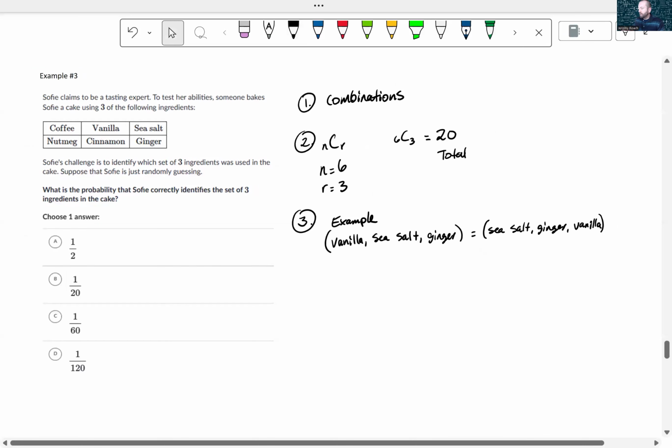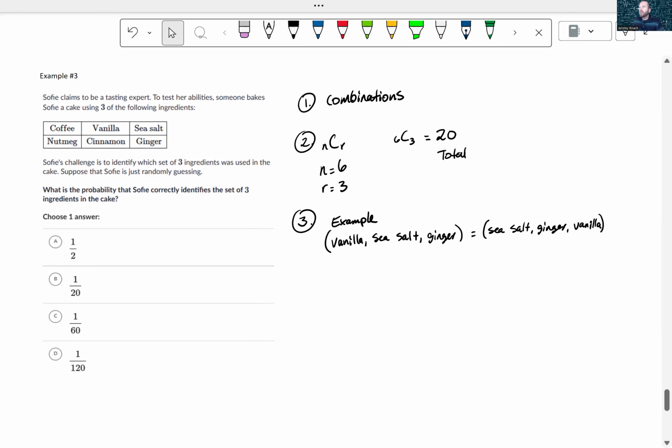That's the same thing. So because that's the same thing, we just have one possibility of selecting all three of the right ingredients. So the probability of all three correct is one possibility out of 20 possibilities. So B is our answer for this one.